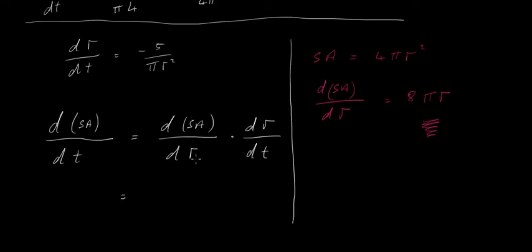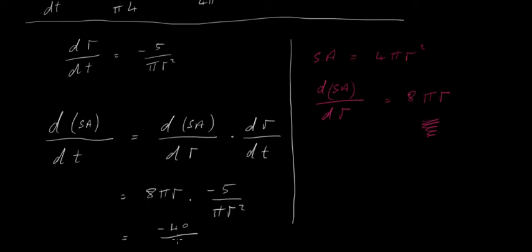So that's going to be dSA/dr, so that's going to be 8 pi r, and then we've got to multiply that by our minus 5 over pi r squared. So that will give us, let's see, our pi will cancel anyway. One of these r's will cancel with one of these, and I'm left with minus 5 times 8, so that gives me minus 40.